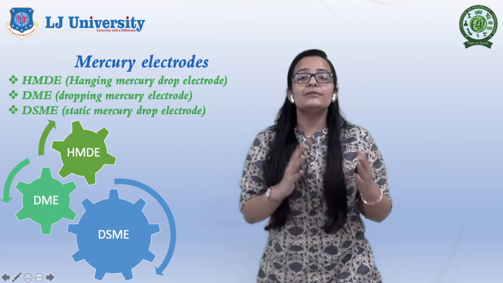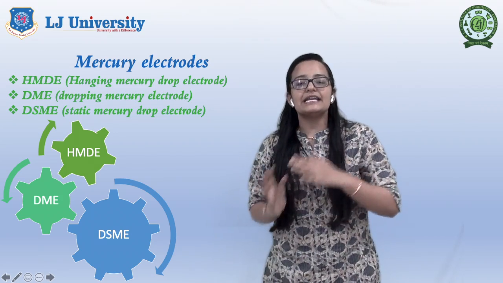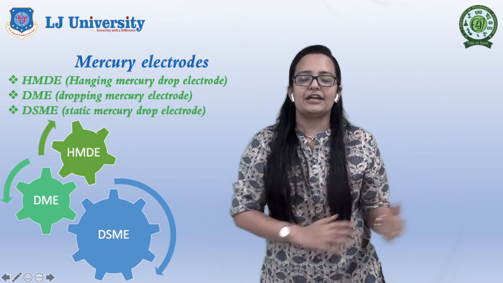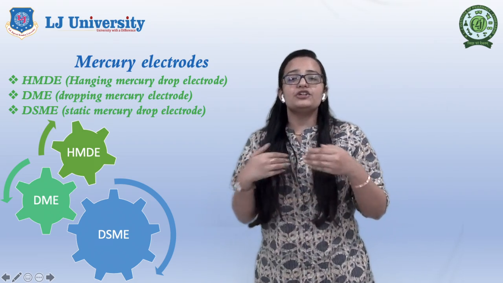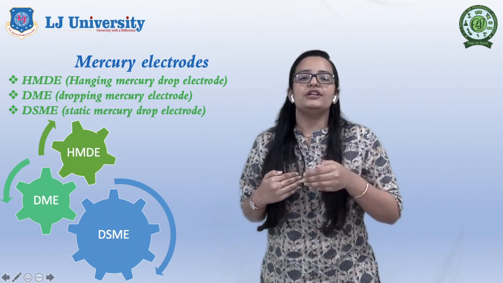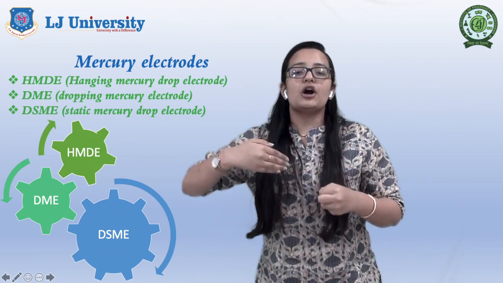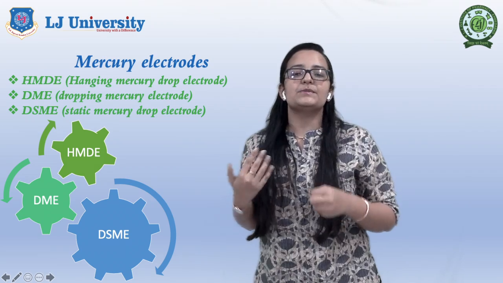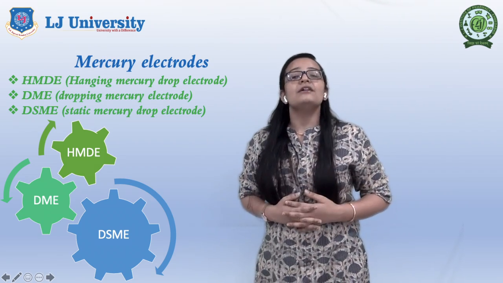HMDE means hanging mercury drop electrode, DME is the dropping mercury electrode, and SMDE is the static mercury drop electrode. Widely, DME is used because the mercury drop forms at the end of the capillary tube as a result of gravity. The optimum interval between drops for most analyses is between 2 to 5 seconds. So these three electrodes are widely used.